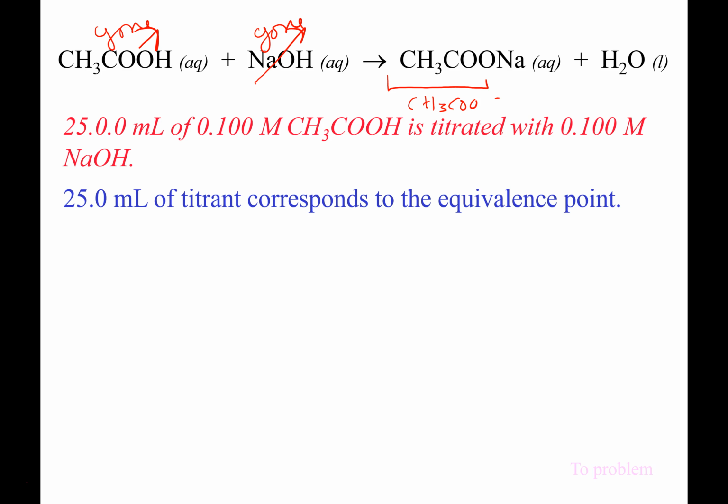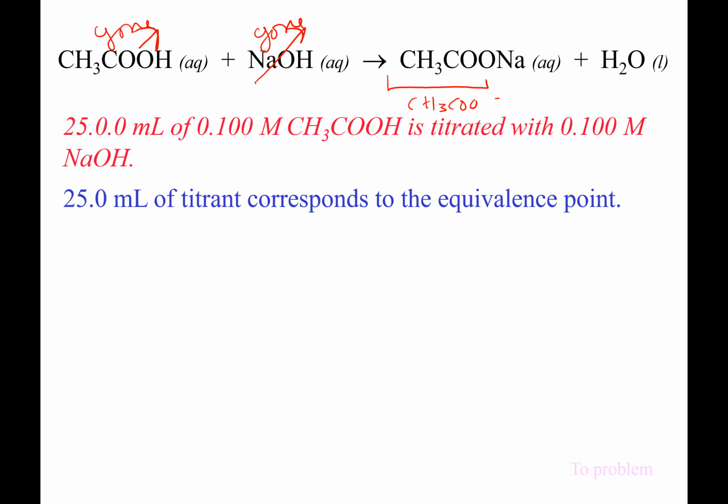And one of the things CH3COO minus acetate is good at doing, if you look at it, you're like, I don't think it can donate a proton, but I think it can accept a proton, and you'd be right. So what that looks like, and you're going to see it here in a minute, is CH3COO minus acetate can react with water, and it's in equilibrium to form acetic acid plus OH minus.